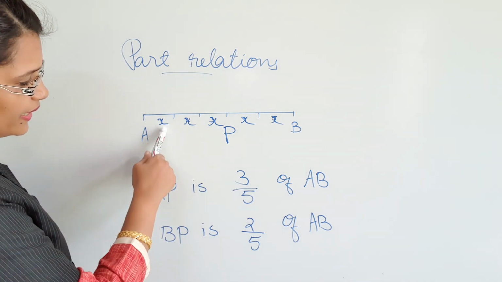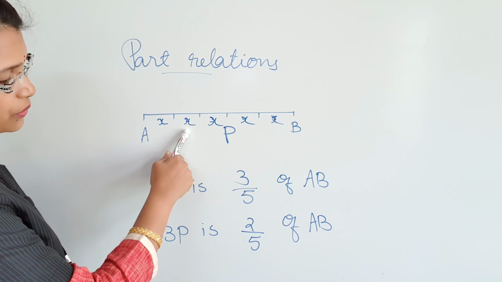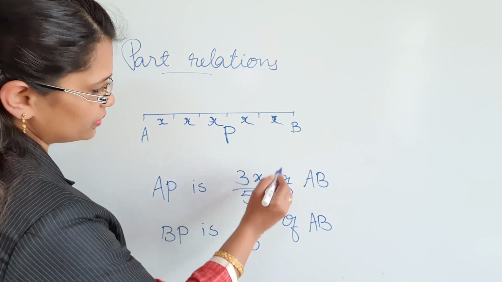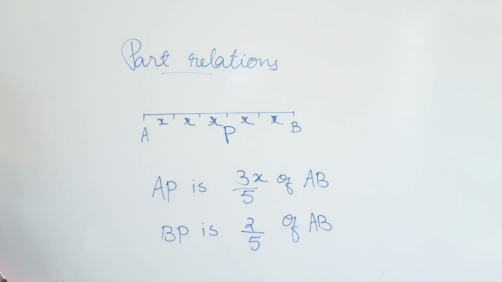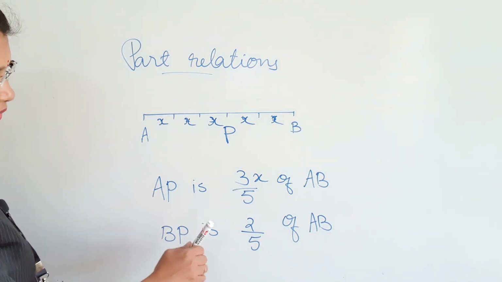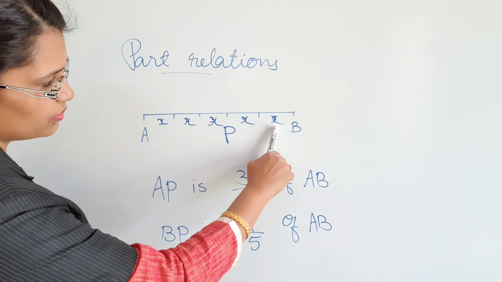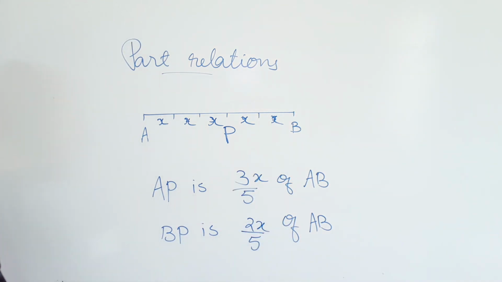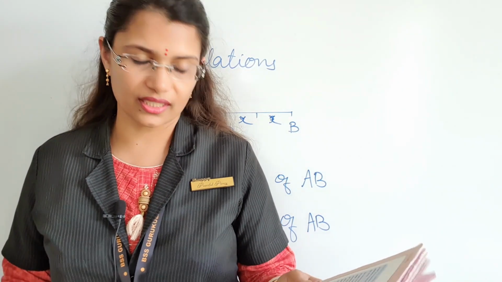AP is x plus x, 2x, 2x plus x, 3x. So 3x by 5. Then what about BP? BP is x plus x equal to 2x, so 2x by 5 of AB. Is this clear, children?